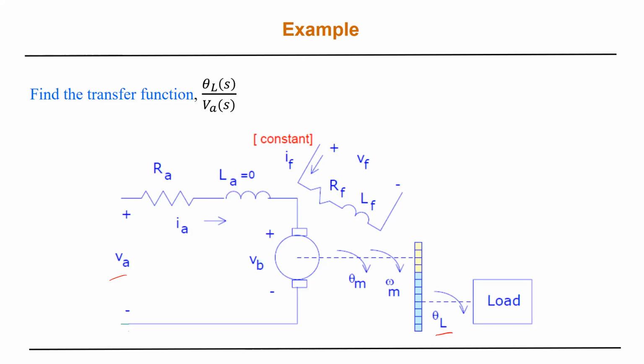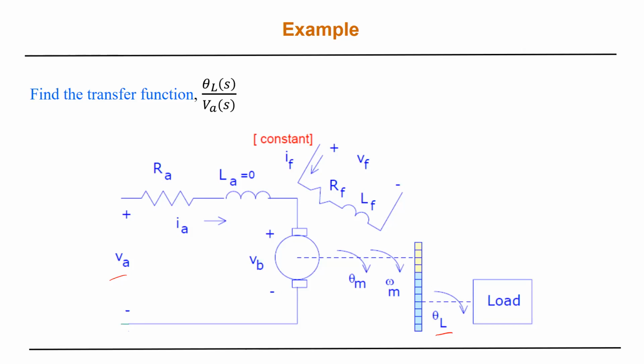So if you remember, here LA is almost negligible. It's 0. So first of all, let me write short circuit. It's negligible. Take the value of it equal to 0.